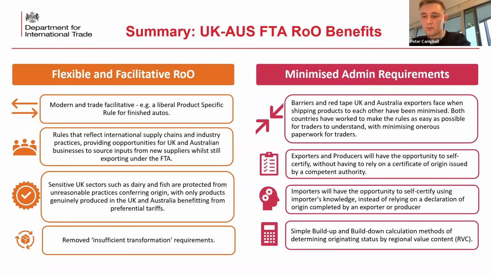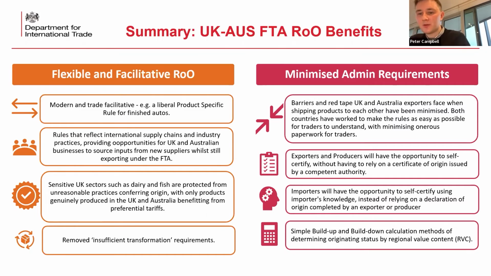However, there are also subsequent opportunities to utilise new suppliers and still export under the FTA. This being said, whilst facilitative, we've also considered and provided protections against unreasonable practices from conferring originating status for sensitive sectors. And I'll hand back to Peter to summarise for minimised admin requirements.